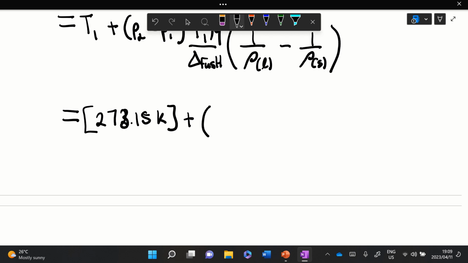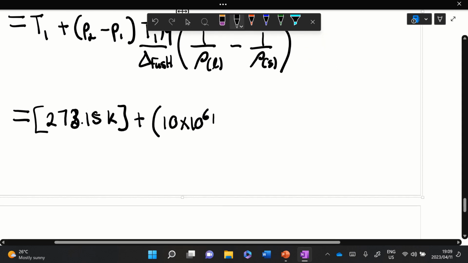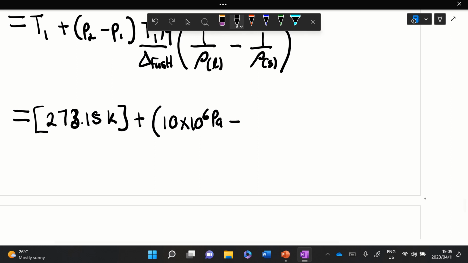Then the pressure that they give us, P2, is the pressure at which we're estimating the melting point, so that's 10 megapascals. So 10 times 10 to the power 6 pascal, minus the normal pressure, which in terms of pascal is 1.01325 times 10 to the power 5 pascal.